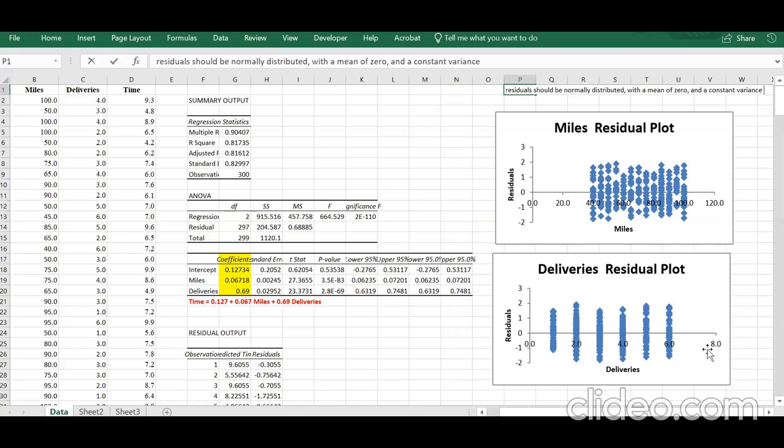So here you see X1, X2, a constant variance throughout the range of each independent variable.